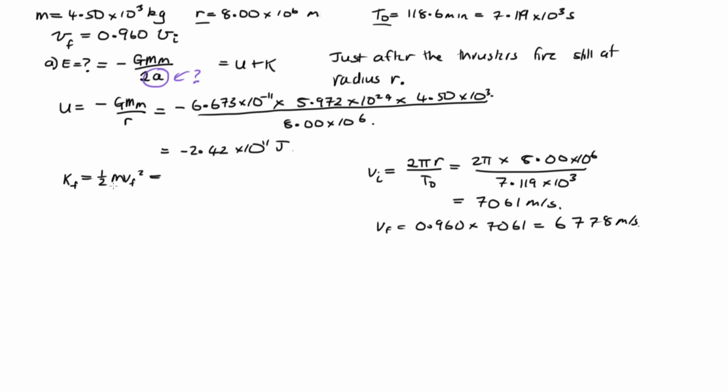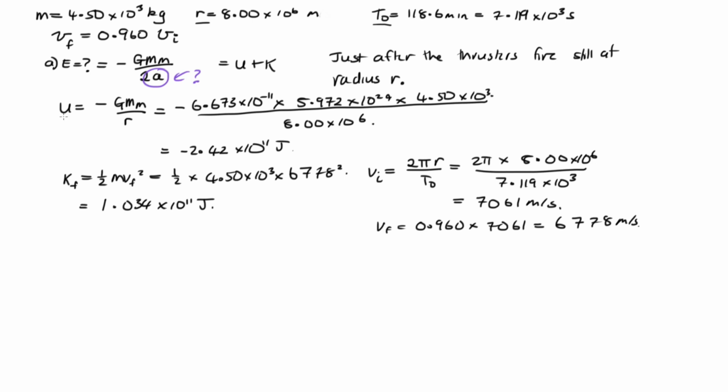Okay, so now we can substitute in here. So we've got a half times 4.50 times 10 to the 3 times 6,778 squared. And solving this on the calculator, we end up with 1.034 times 10 to the 11 joules.